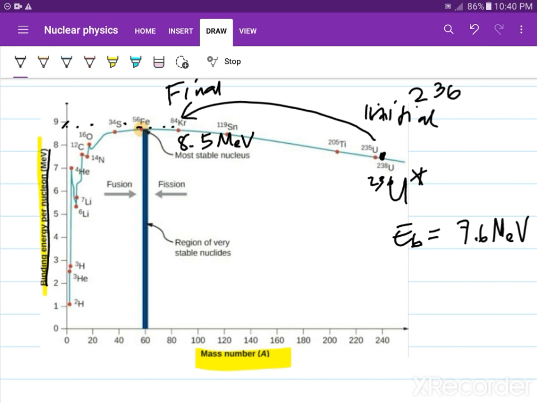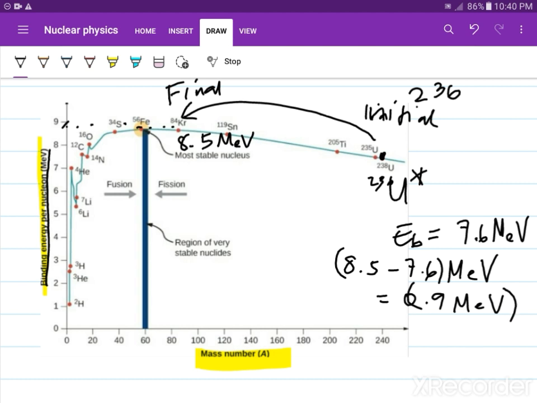So subtracting 8.5 MeV minus 7.6, you will get about 0.9 MeV, and multiply it by 236 nucleons, which is the number of nucleons inside the uranium atom.